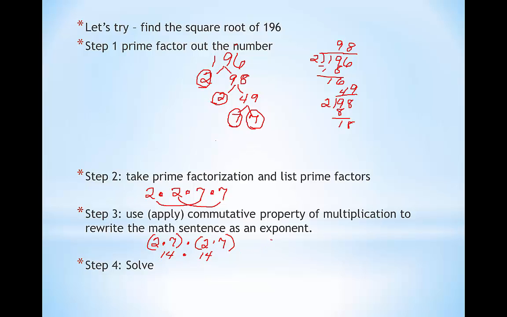I could rewrite this as 2 times 7 squared, or 14 squared. So the square root of 196 equals 14.